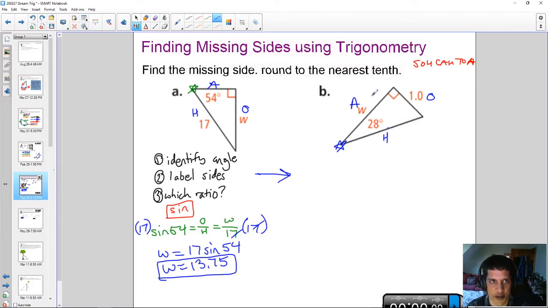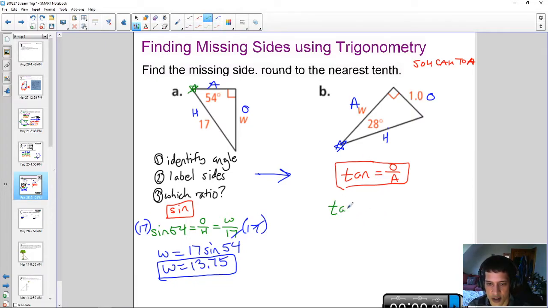What's our ratio going to be this time? Well, we're looking for the adjacent side, and we know the opposite side. So the ratio that deals with opposite and adjacent is tangent. So we're going to use tangent equals opposite over adjacent. All right, so let's write out our relationship.